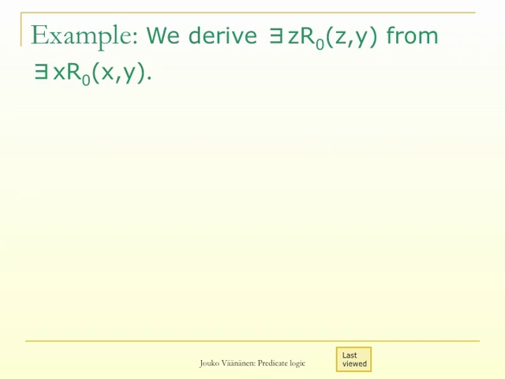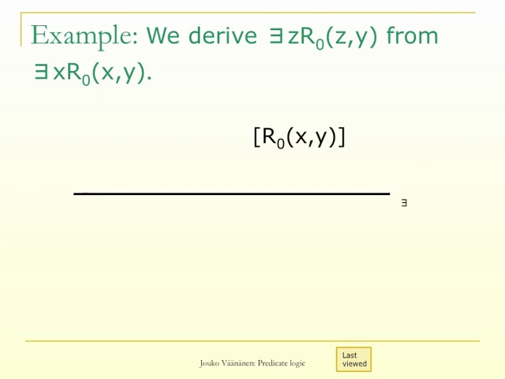The idea of the elimination rule is that since we assume that there is an x such that r0(x,y), we in a sense pick an x because some such x exists, and we assume that it satisfies r0(x,y). Then we set up the stage for the application of the existential quantifier elimination rule.